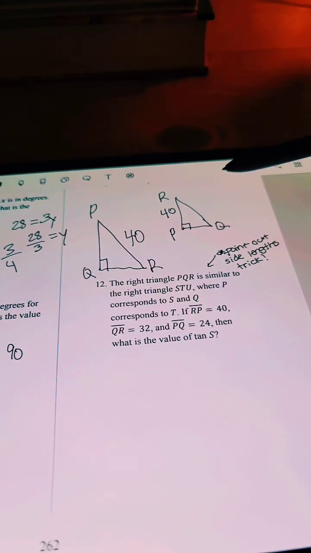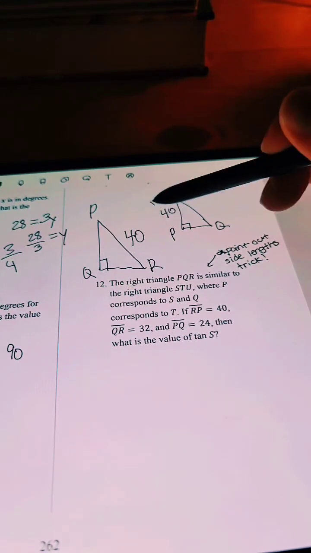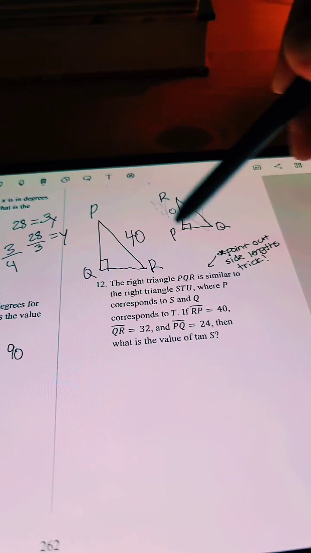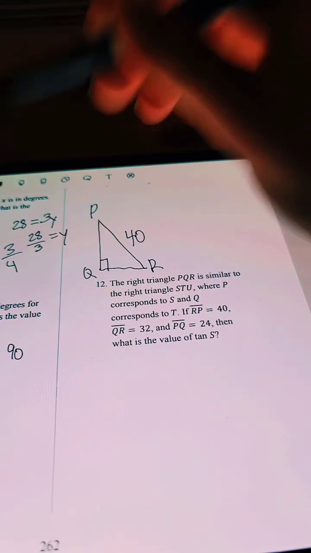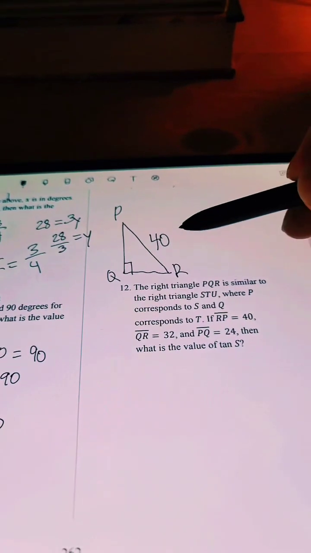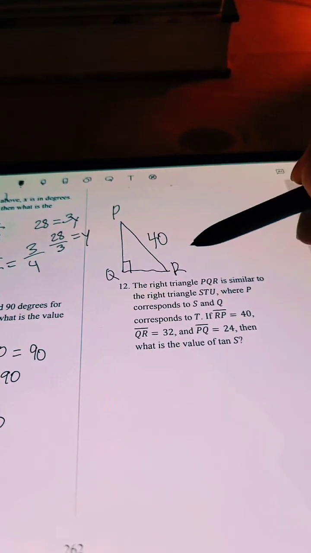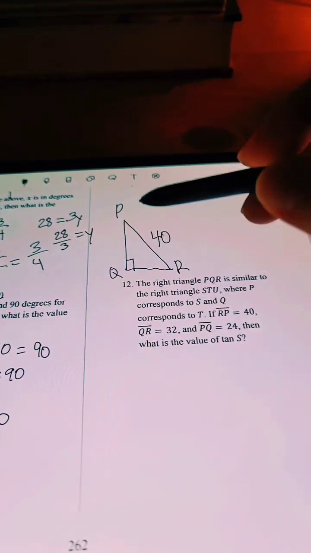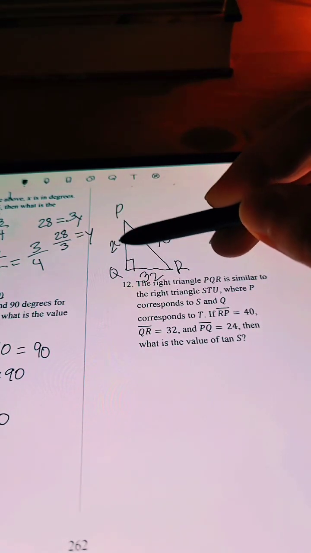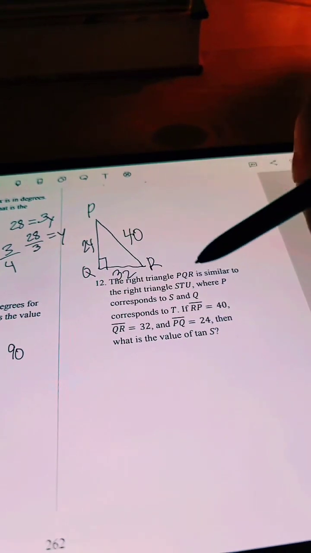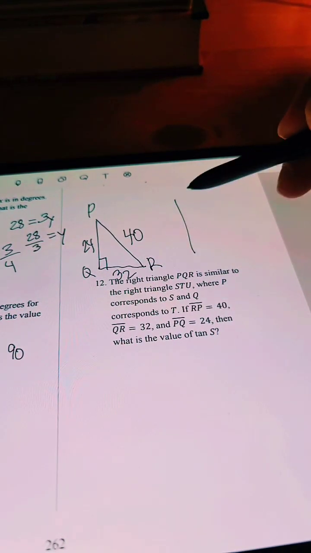The longest side of a right triangle always has to be the hypotenuse. So this wouldn't work. That's what I meant about being careful with the side lengths and how you draw it here. So, let's see. That's going to be 40, and then QR is going to be 32, and then PQ is going to be 24. So now we know that these are similar triangles.